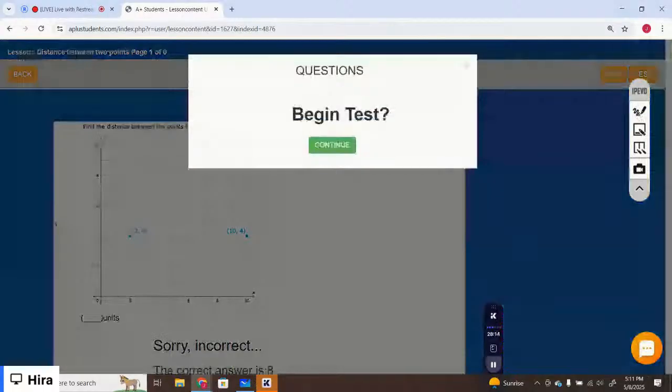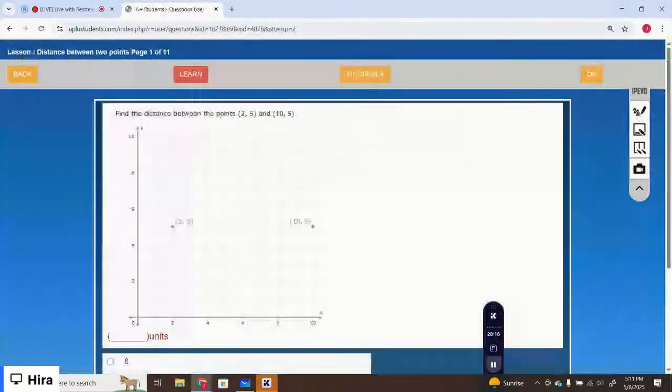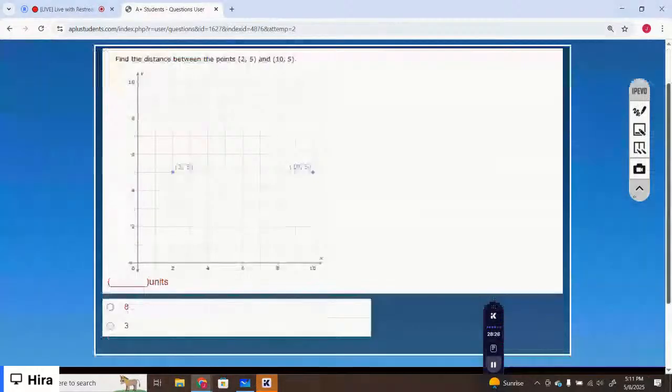Test questions. Find the distance between the points 2, 5 and 10, 5.